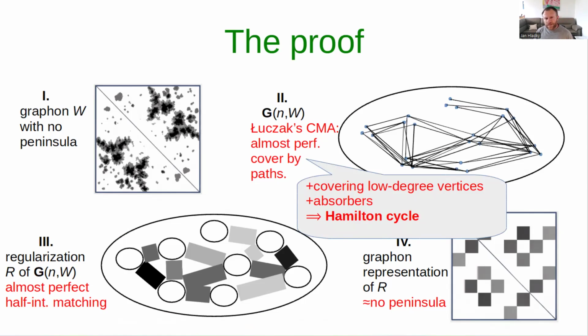So we must deal with low degree vertices, and we need to connect our paths. There are techniques involving absorbers that are technical and require many ad hoc arguments, but are reasonably standard. So again, this finishes the sketch of the proof.